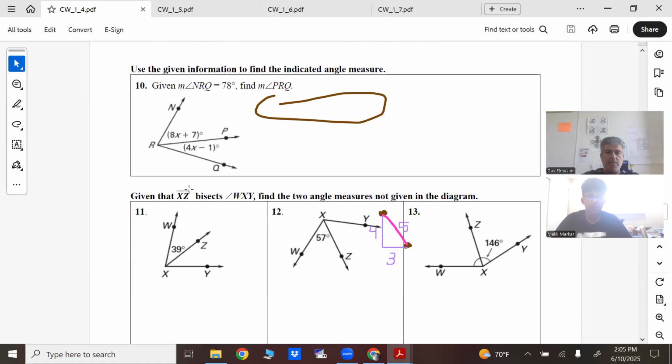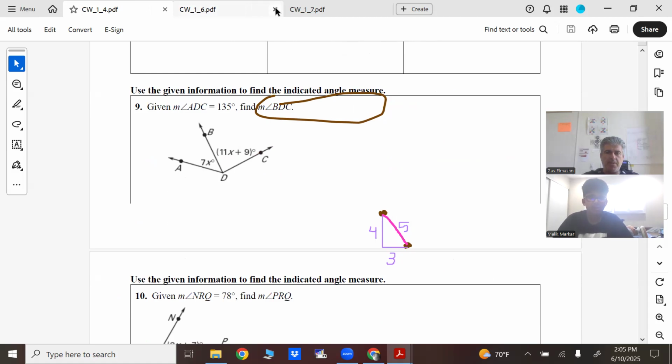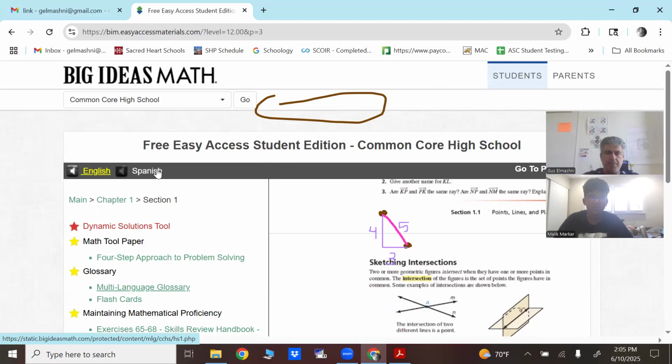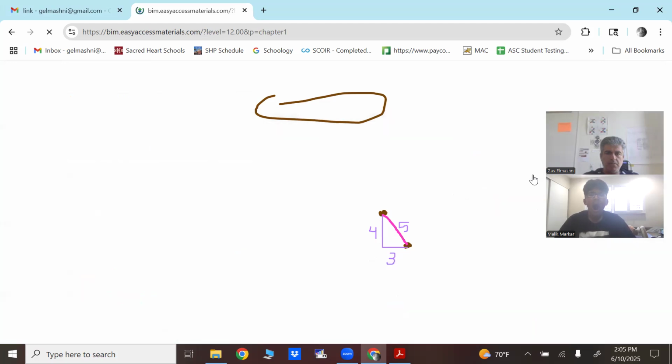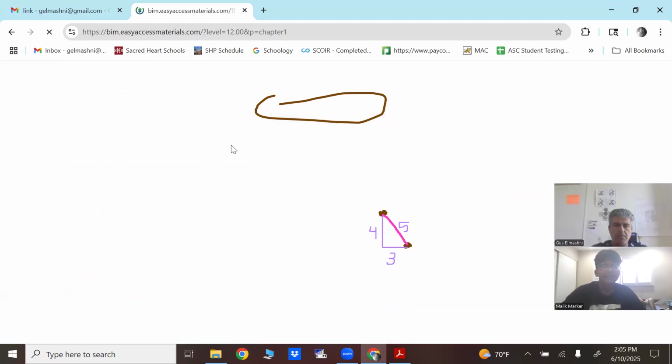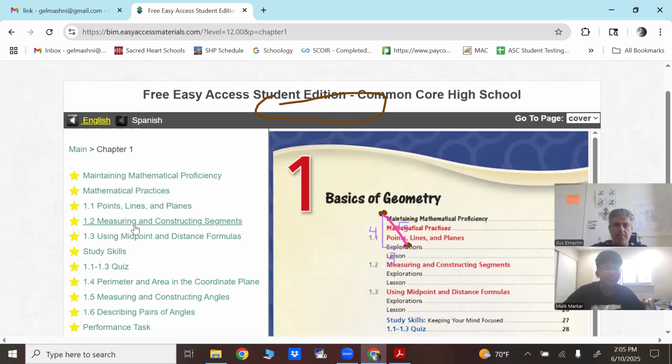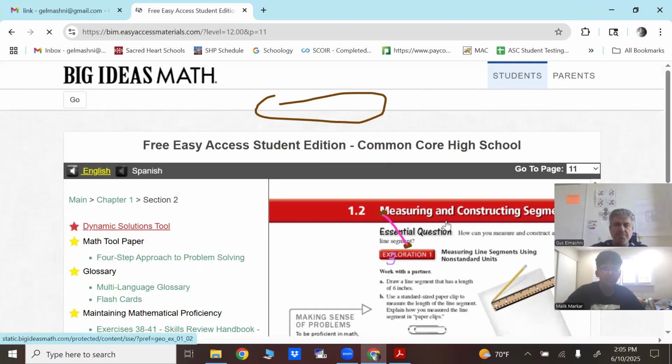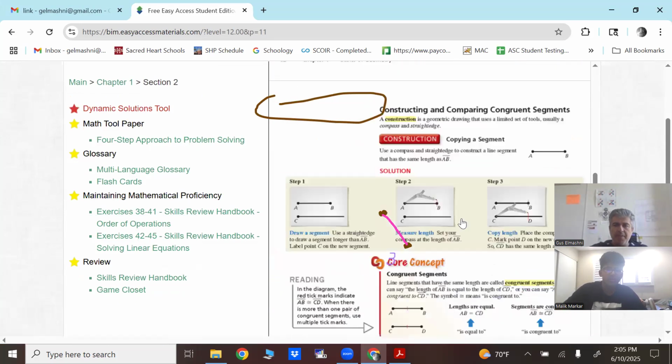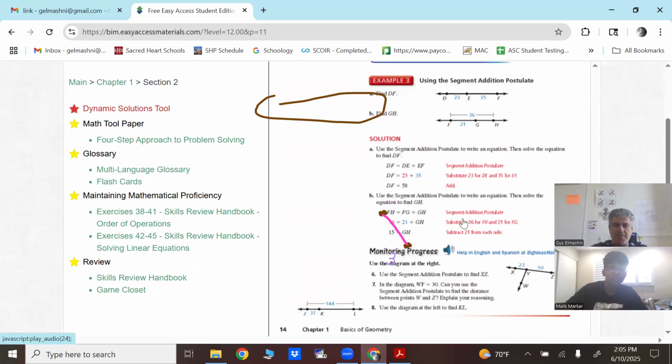So we could probably just do this last worksheet. I don't think we'll do 1.5, 1.6, 1.7. I'll close this for now. So going back to your textbook here. Oh, yeah, definitely the midpoint formula. Let's see what this is all about. Yeah, we're not going to be doing construction.